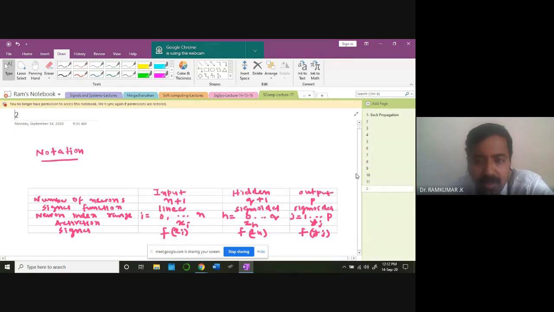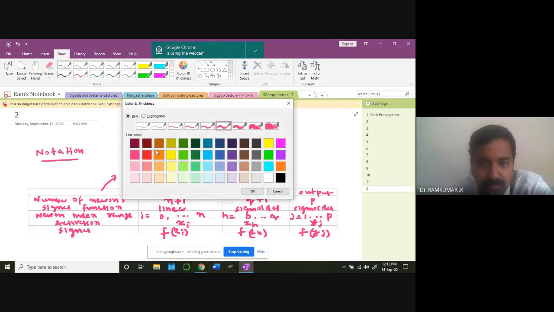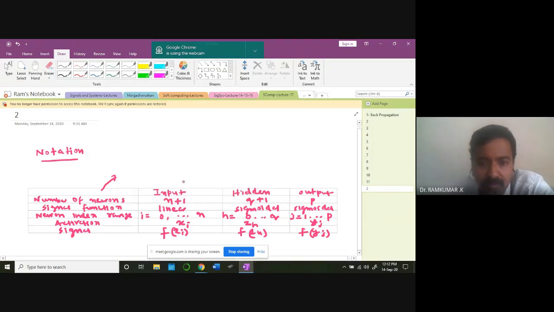If you look at this, what are all the things you are seeing here? How many neurons are in the input layer? We have n plus 1. You can clearly see the first layer, we are starting from 1, 2, like that. We are starting from the bias.